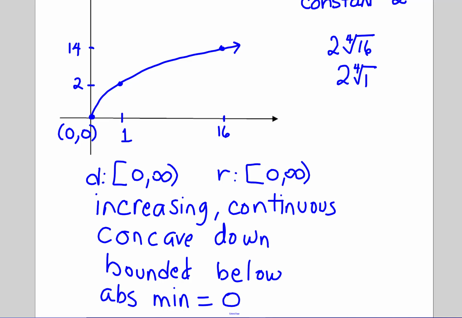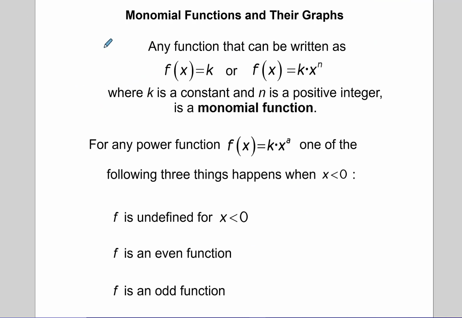Now let's think about some monomials for a second. Anytime you can write an equation like y equals a constant or y equals a variable times a constant to a power, these are called monomial functions.